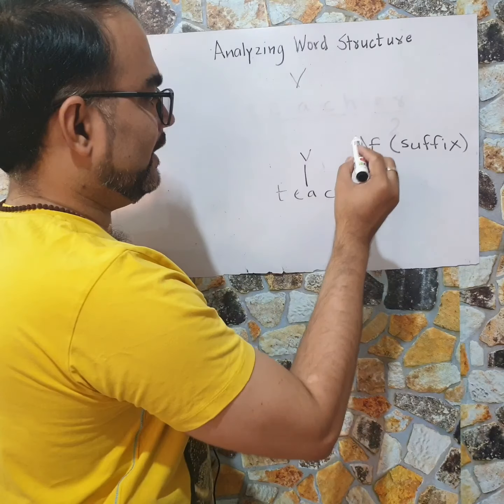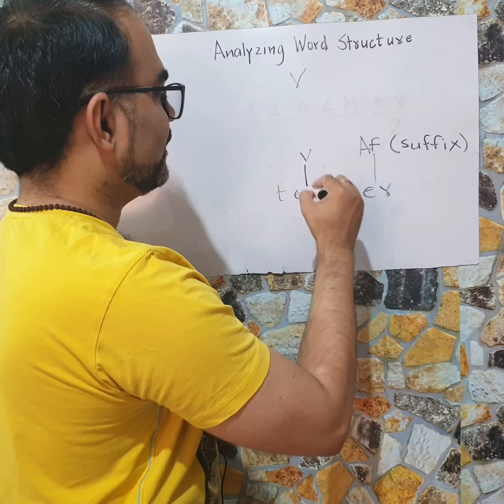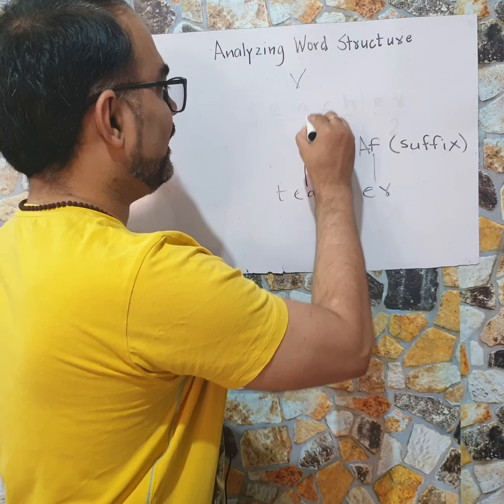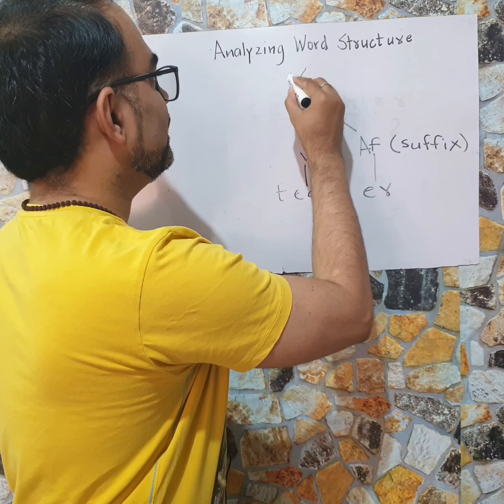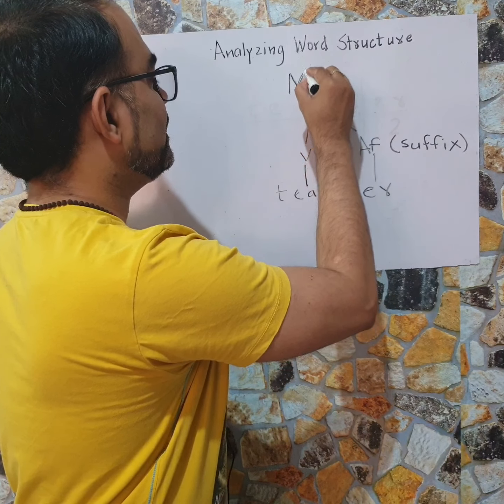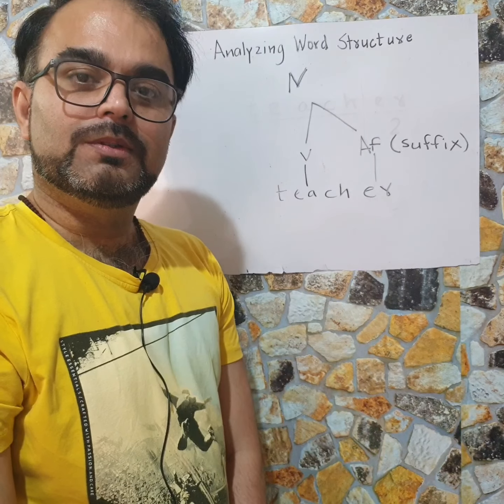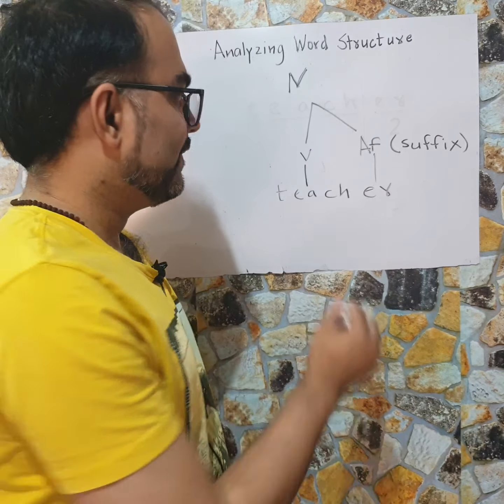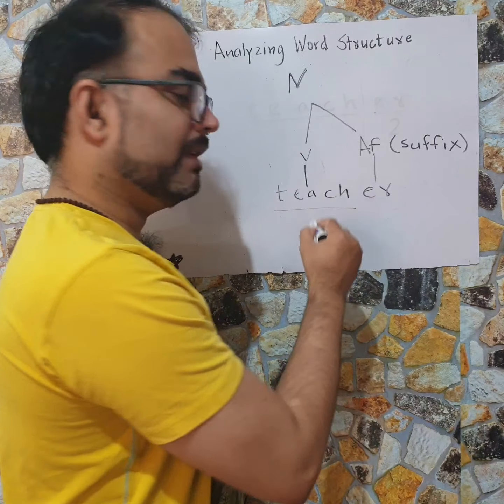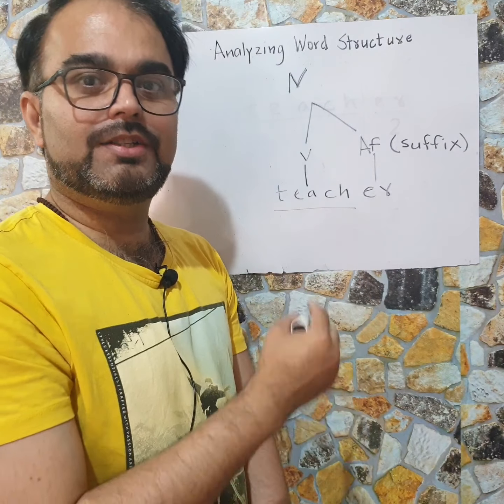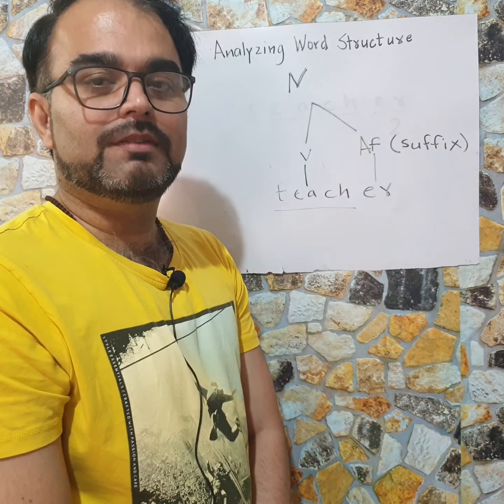So when er attaches to teach, then it becomes a noun. So teacher is a noun, and now the meaning is: one who teaches is a teacher, and teach is a verb. It is an action. It shows a process of teaching.